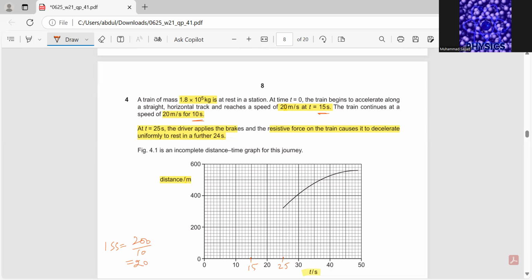So on the y-axis, each small square is equal to 20.